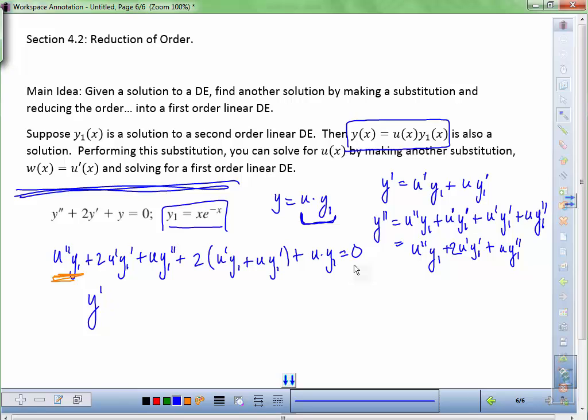That's a u double prime times y1 term. I'll collect all the u primes. How many of those do I have? There's 2 and 2, that's 4, right? 4 u prime y1.